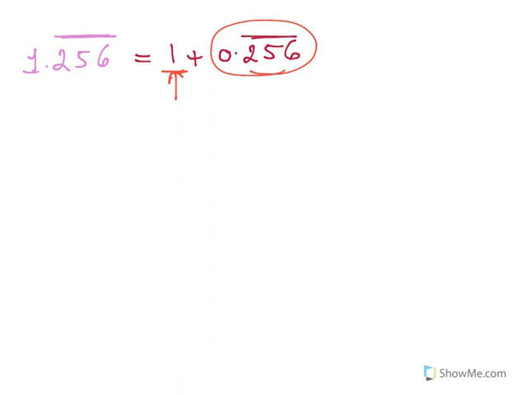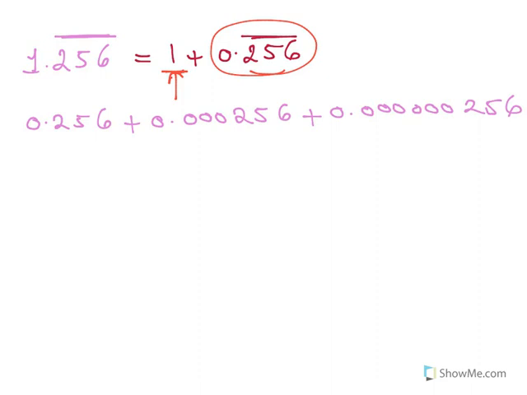0.256 repeating can be written as 0.256 plus 0.000256 plus 0.000000256 plus, and I may continue like this forever.